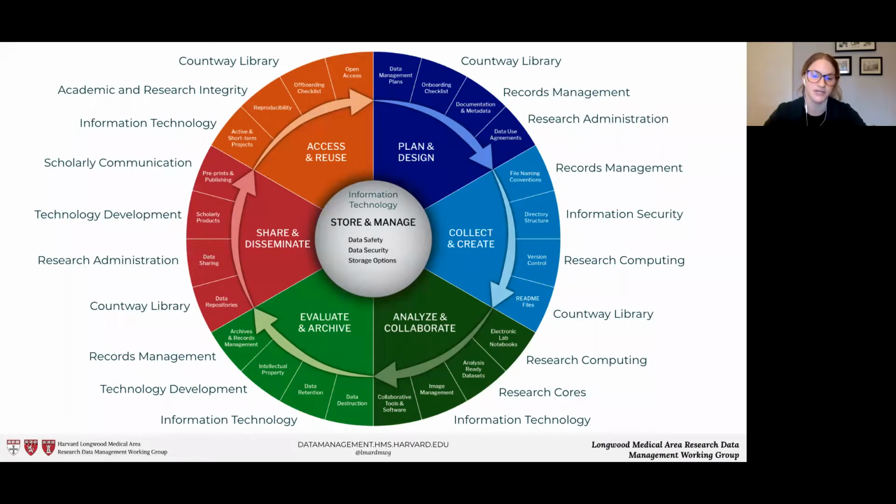It brings together key stakeholders in the research community every month to coordinate efforts across the university and solve problems we see our researchers facing. This network has really helped me understand the needs of our community and where the Countway Library fits into this life cycle of data services available to the Longwood area.